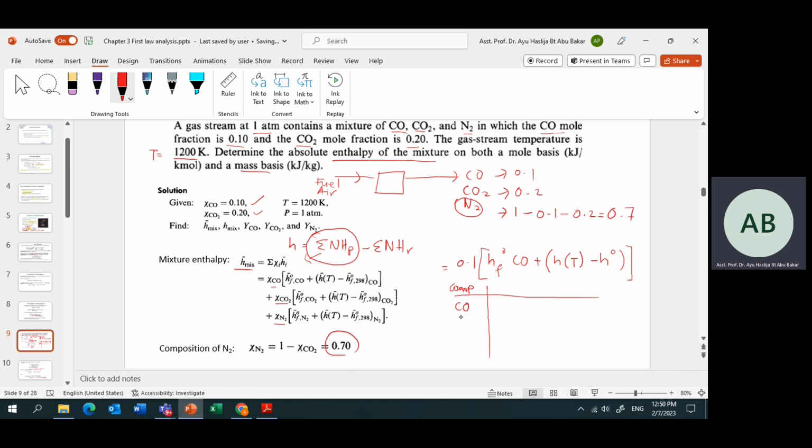So we have CO, CO2, and N2. The required info that we need: heat of formation of each, enthalpy at that particular temperature, and enthalpy at reference, that means at T 298 Kelvin.